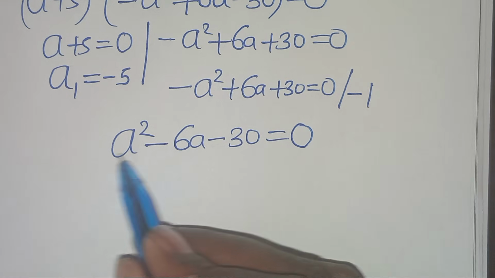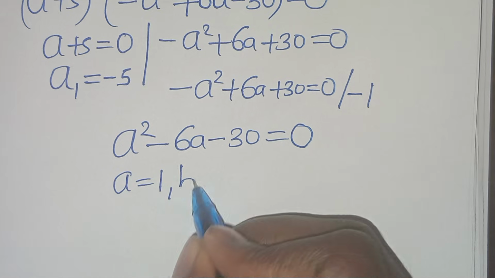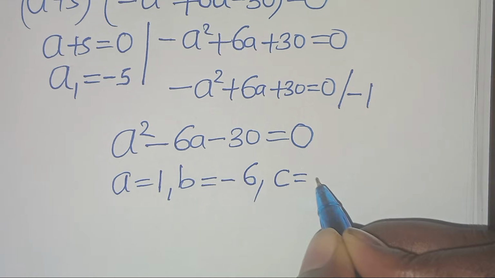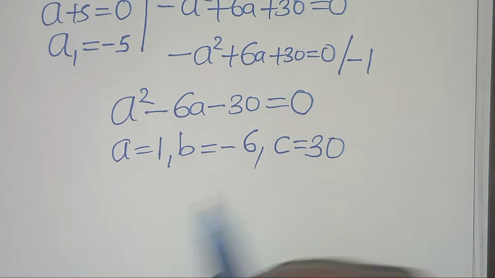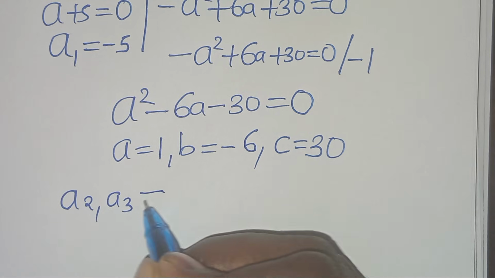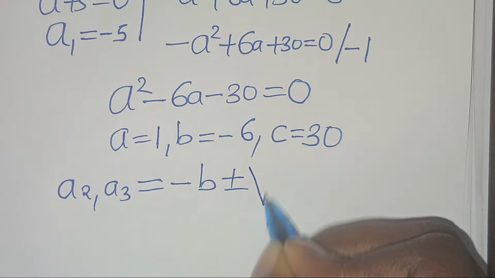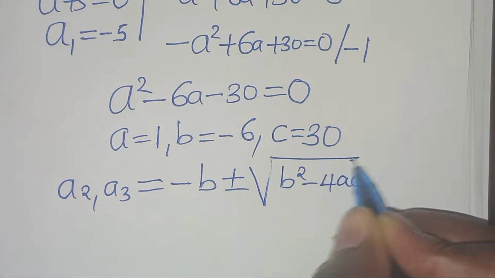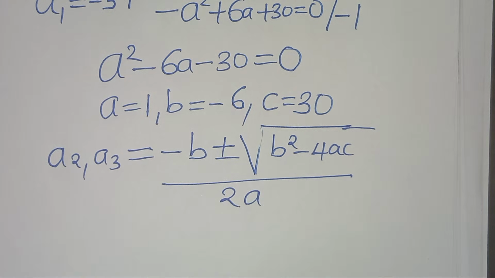Now this is a quadratic equation where we have a is equal to 1, b is equal to minus 6, and c is equal to 30. So from here, we can solve for a2, a3 by applying the quadratic formula, which is minus b plus or minus the square root of b squared minus 4ac, everything here divided by 2 times a.